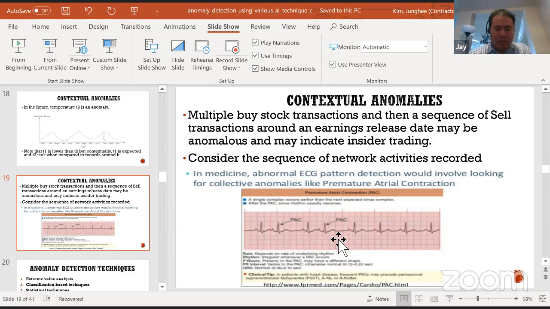So maybe this one might be an anomaly as well. We can doubt it, but we cannot clearly conclude it, because sometimes it can be affected by other factors. So we can doubt it, and then do a deeper analysis, but we cannot conclude that this is clearly an anomaly.